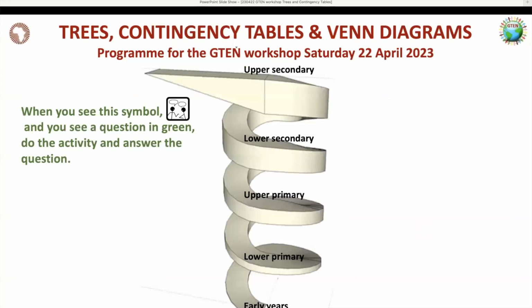Now, every time we're planning something on one of these GTEN workshops, we're looking at this spiral learning, okay? So wherever you are on this spiral, whether it's grade 7 or grade 12, the basic ideas you now have to teach to your classes will have been introduced much earlier for those children.